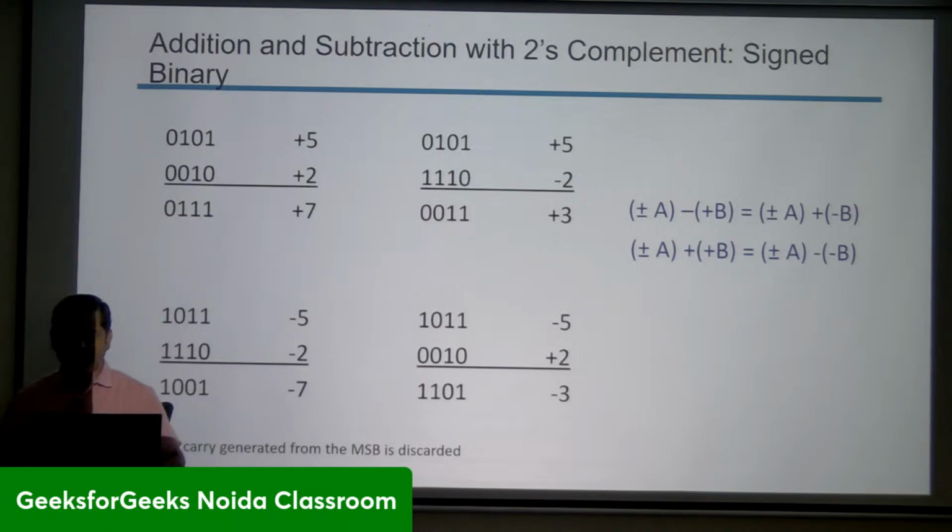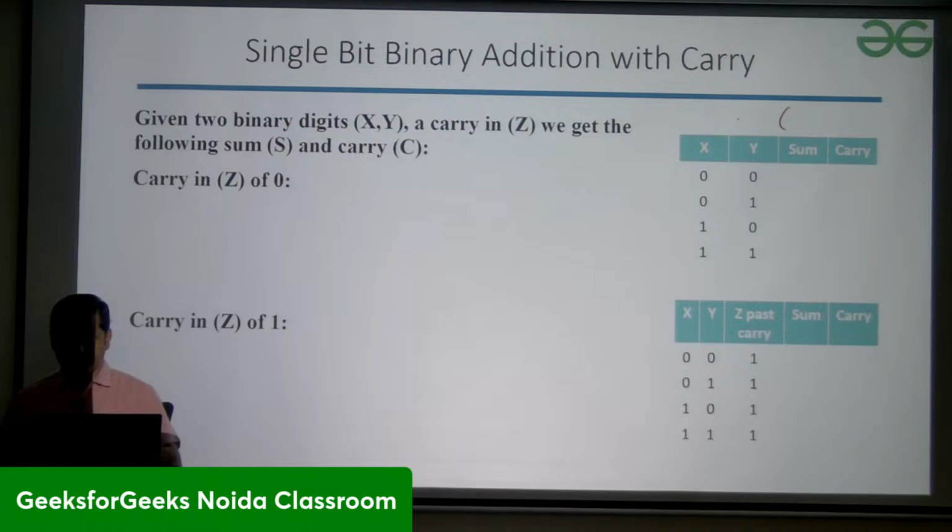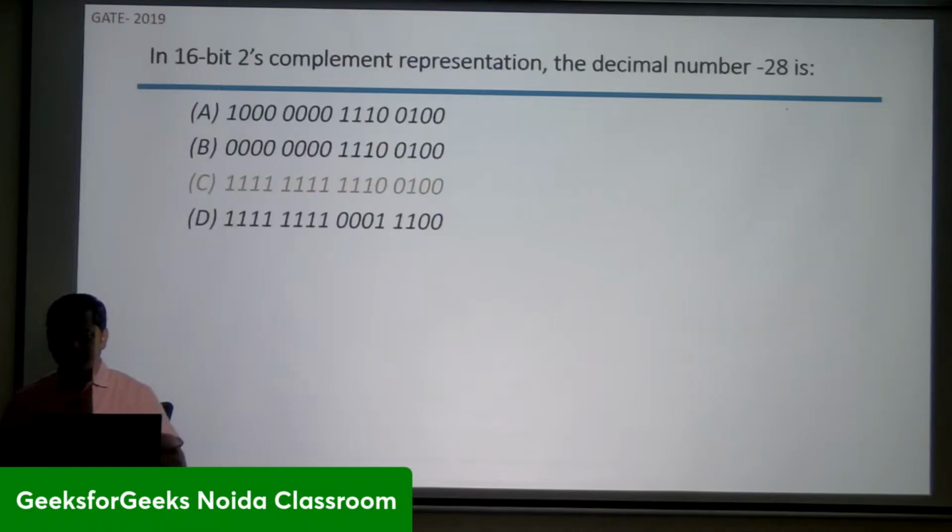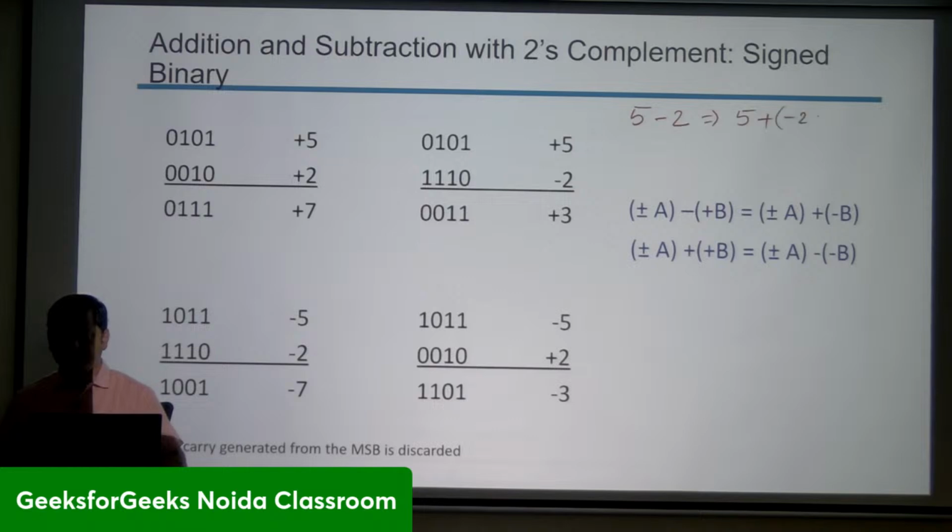Let me take this example here. I just want to subtract 2 from 5. So what I can do, I can have 5 plus minus 2. Can I write this? Now I can represent 5 in binary and it is nothing but 0 1 0 1.